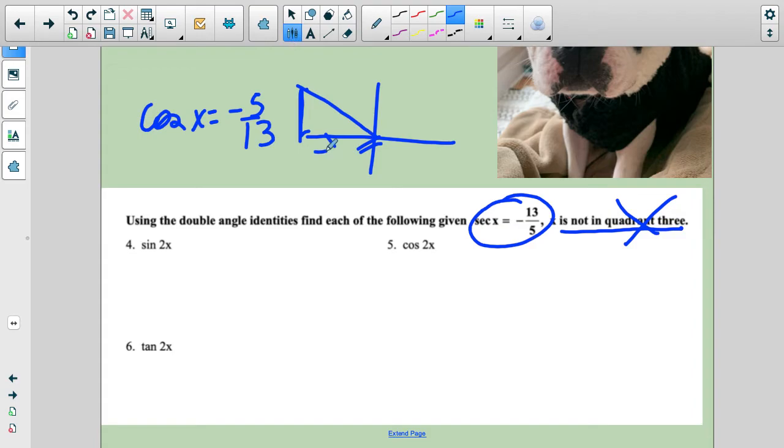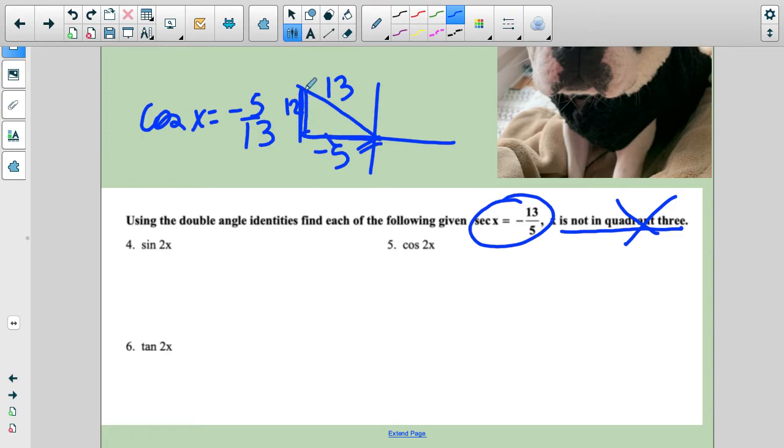Y'all see it's going back 5? The hypotenuse is 13. How can you find the missing side? Pythagorean theorem. If you've been prepped for standardized test, it's a 5, 12, 13 triangle. Be careful you get the sign right. Girls, listen. Draw a picture. Is that 12 positive or negative in the second quadrant? You've gone back 5, isn't it positive 12?